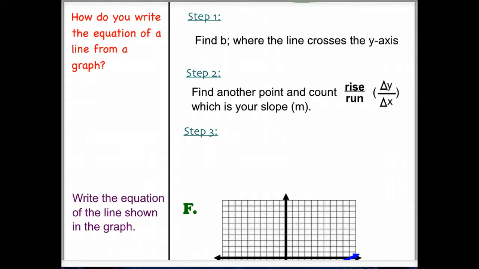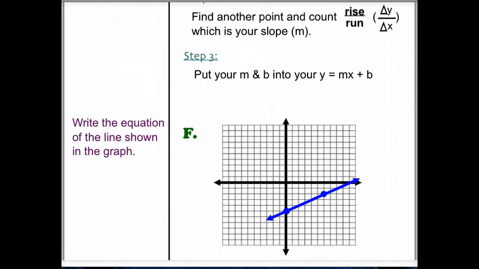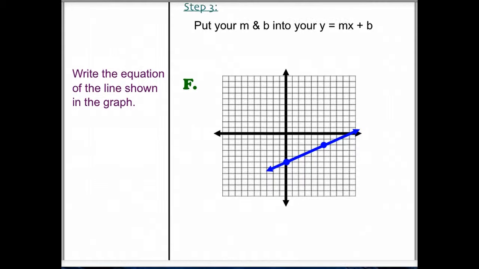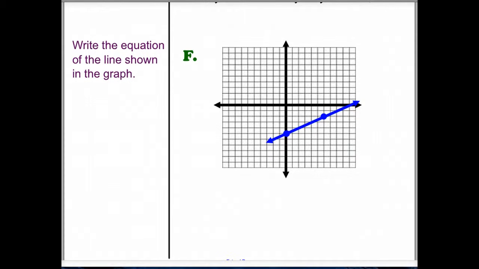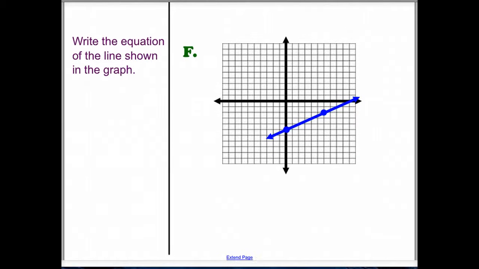The second step is to find another point and count the rise over the run, or the change in y over the change in x, which is your slope. And the third step is to put your m and b into your y equals mx plus b. That sounds really confusing, but we're going to work through a problem together. It says, write the equation of the line shown in the graph.